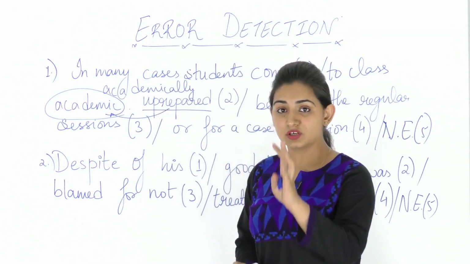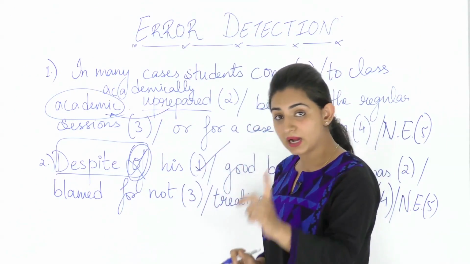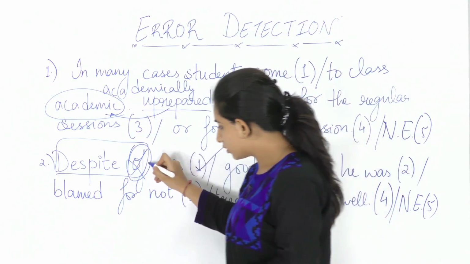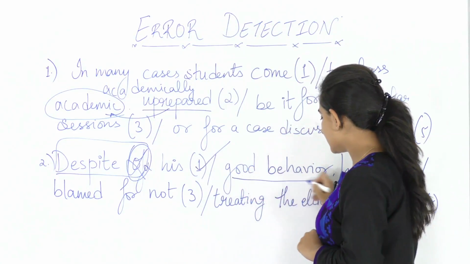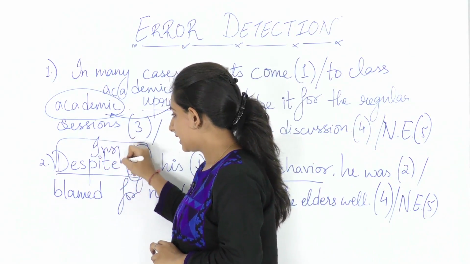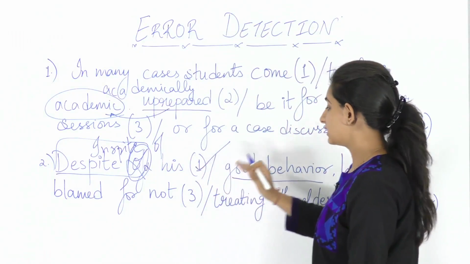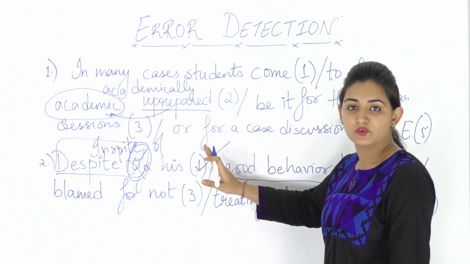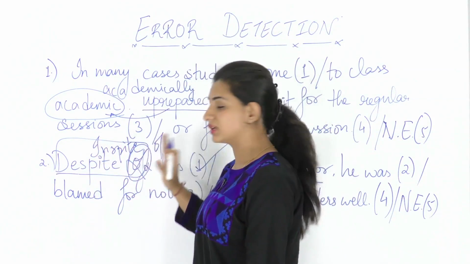Despite of. Now children, see, the error in the sentence is in the first part only, but in spite will be placed in place of despite of. We will not remove of. Why? Because there is a condition over here. If we are writing a positive sentence, then in this case we write in spite of, but if the sentence goes opposite, if the negative word is placed further, then in that case despite will be placed without an of.